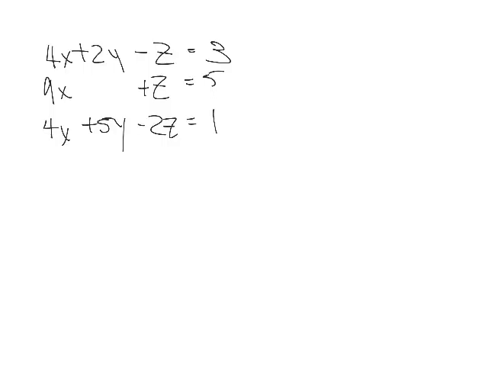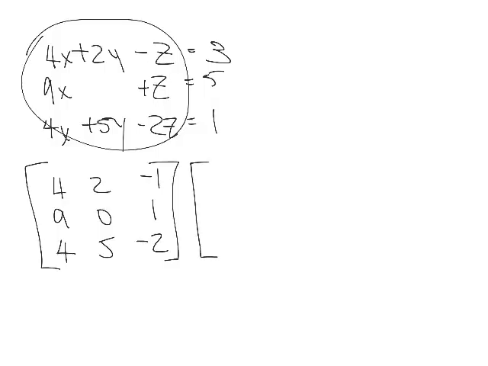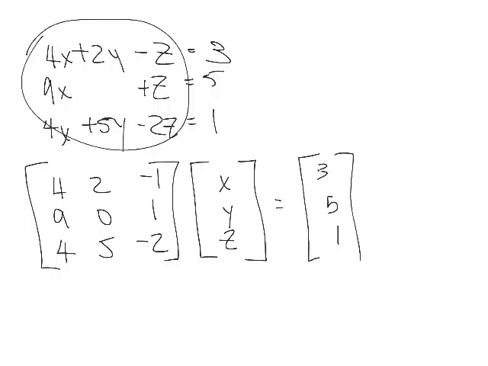We're going to write the matrix of this here. So 4, 2, negative 1, 9, 0, 1, 4, 5, negative 2. So we're going to write that matrix. Then we're going to write another matrix here, and we're going to put our variables in it. And then we're going to write our answer in another matrix, 3, 5, 1.